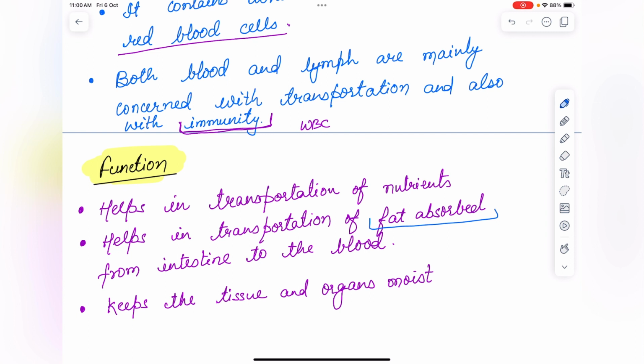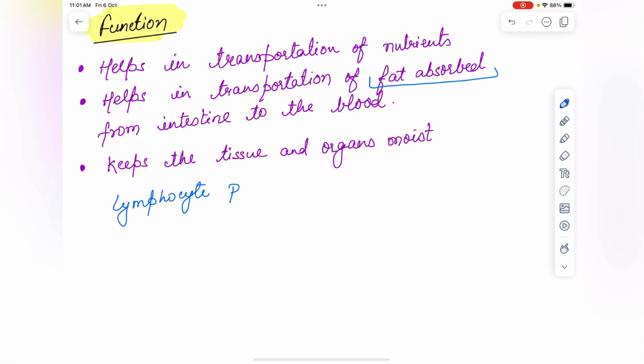It will produce lymphocytes, which in turn produce antibodies to strengthen the immune system of the body.